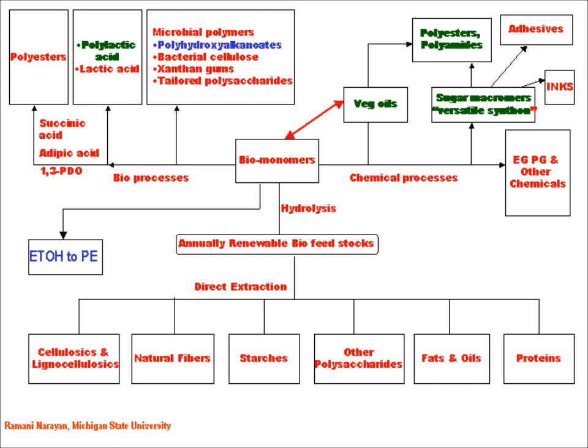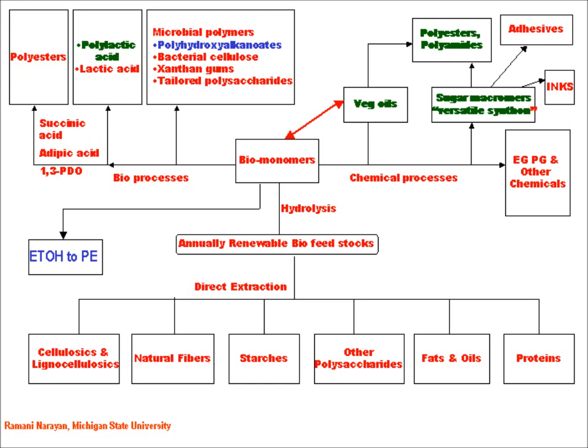It's shown in blue on your screen. These are microbial polymers, commercialized by Metabolix and ADM in a joint venture, and again a bio-based plastic material. More recently, we'll talk about that in a minute, but you can also hydrolyze or go through a chemical process. It doesn't have to be a biological process.